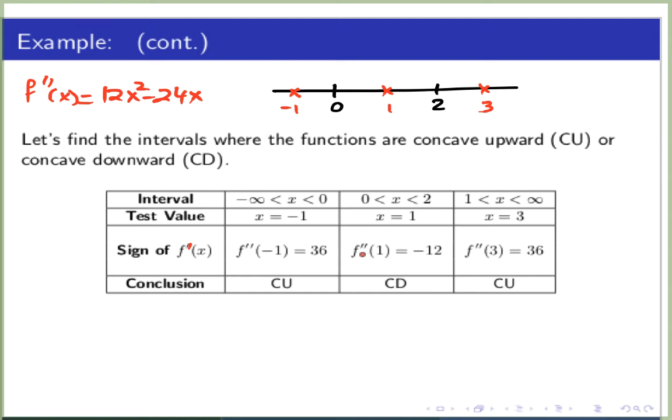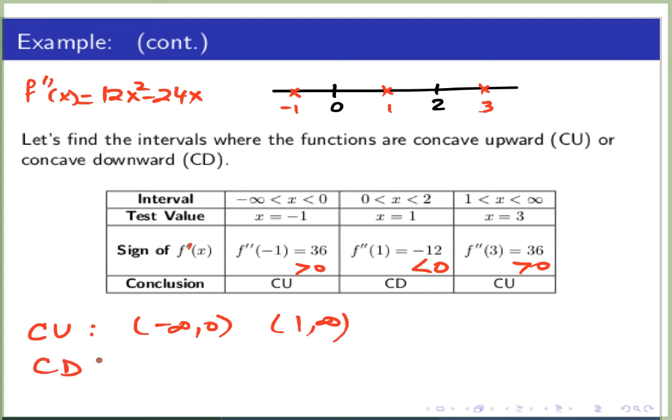So that means the second derivative evaluated at 1 is a negative number, evaluated at -1 it is a positive number, and evaluated at 3 again it's a positive number. So our concave intervals are: concave up is -infinity to 0 and 2 to infinity, and concave down is 0 to 2. Notice over here, what did the graph look like?